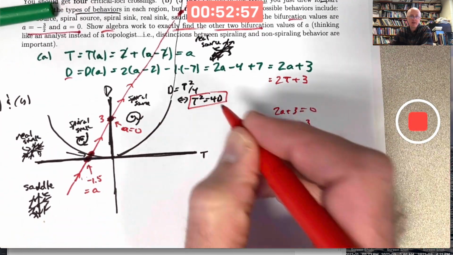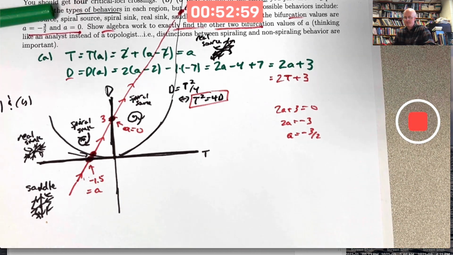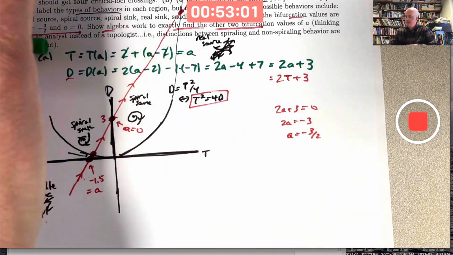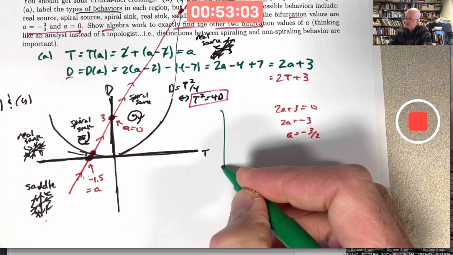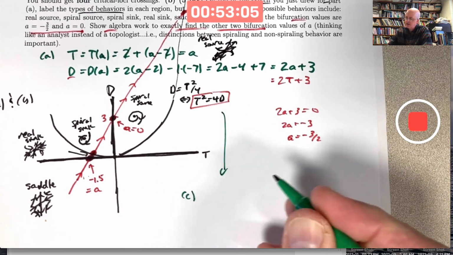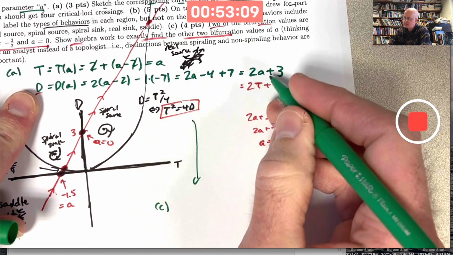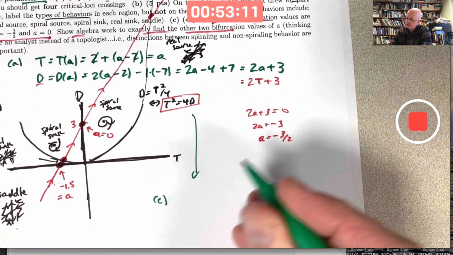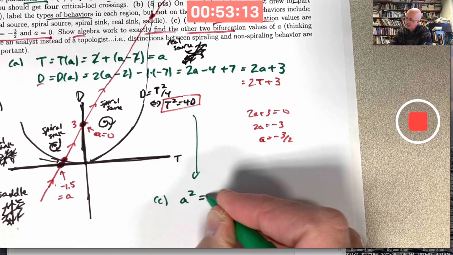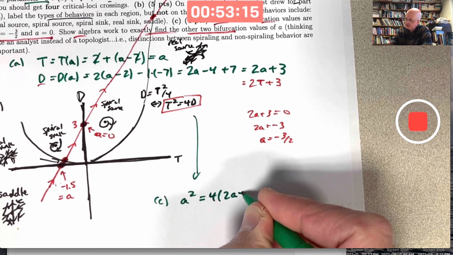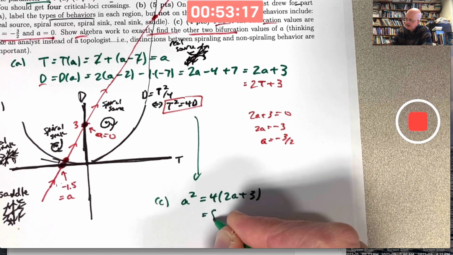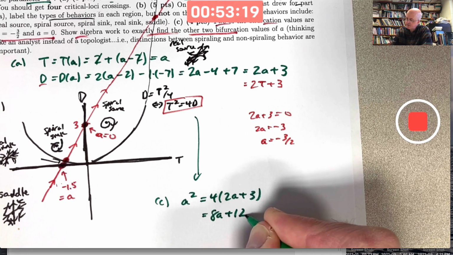Focus on values of a that make that equation true. That's how to find them out. So take that equation for part C here. Replace t with a and replace d with 2a plus 3, to get a squared equals 4 times 2a plus 3, which is 8a plus 12.